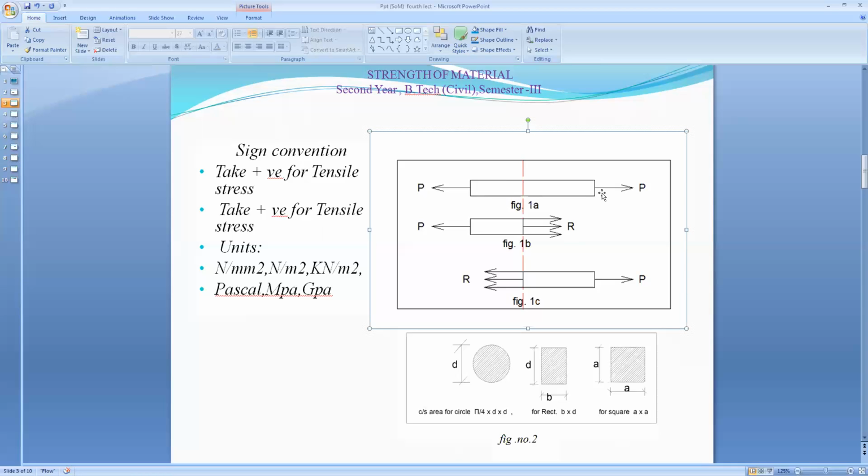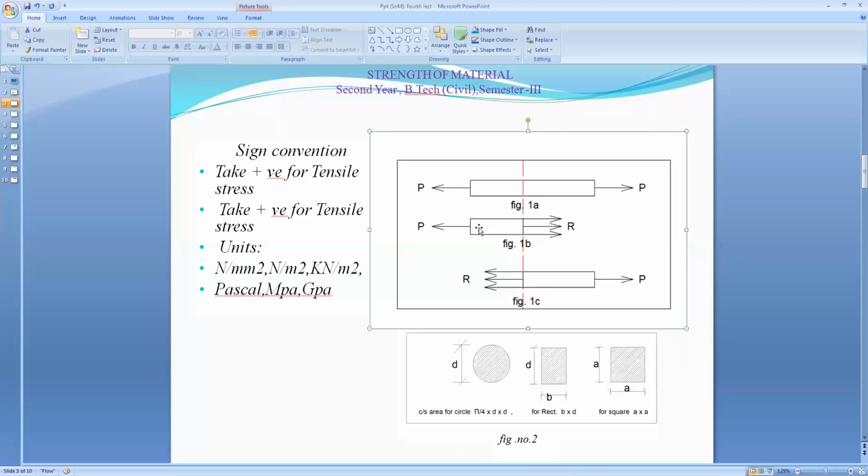Between points A and B, we can take a section, and when we take a section, we have to make a cut at the section. When we take the cut at a particular section, please see figure 1B as well as 1C.